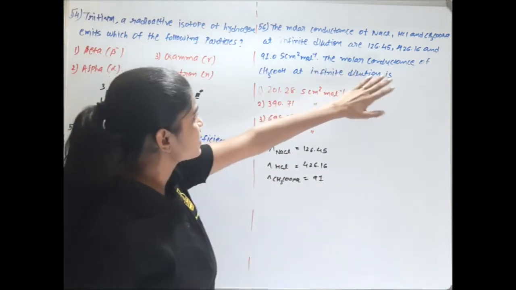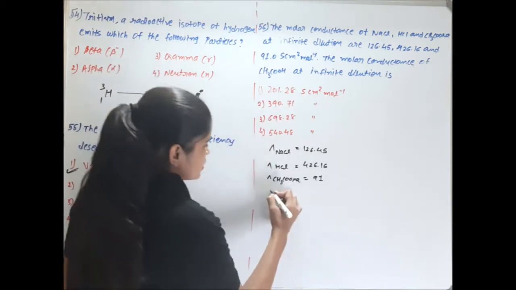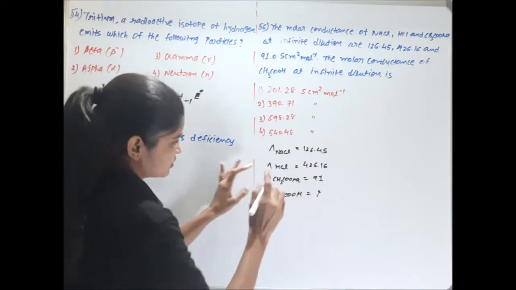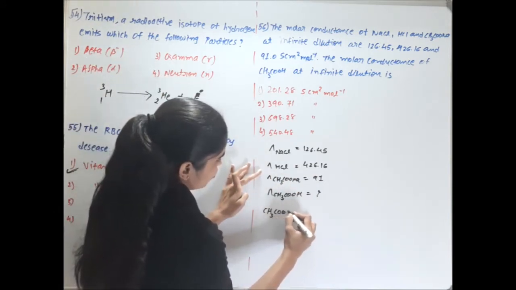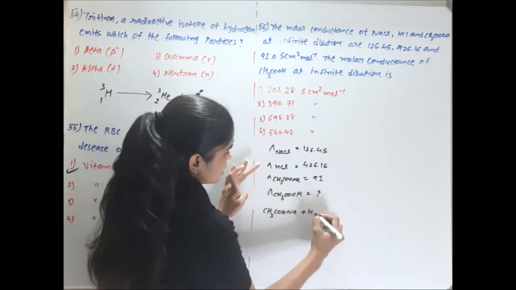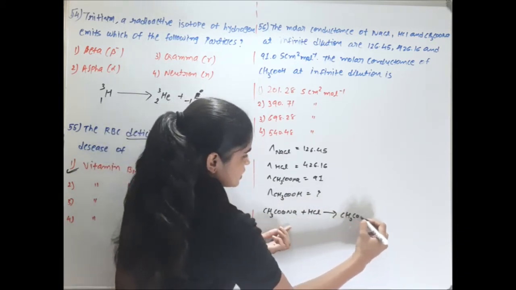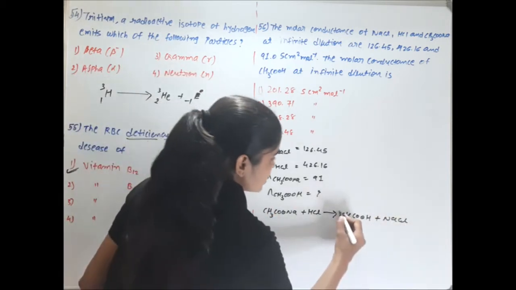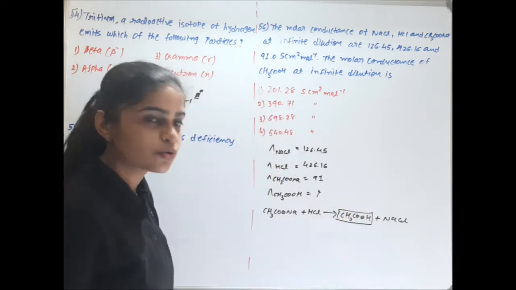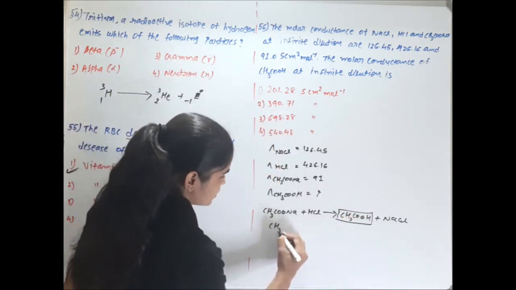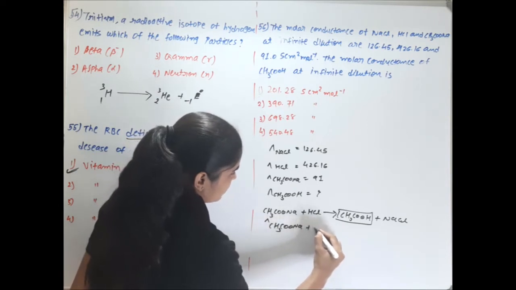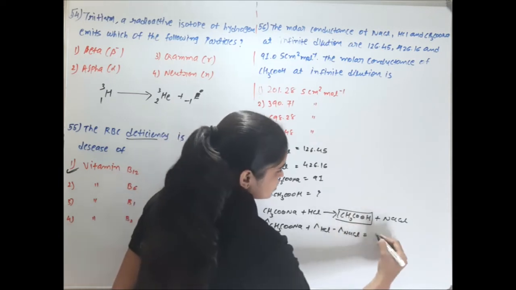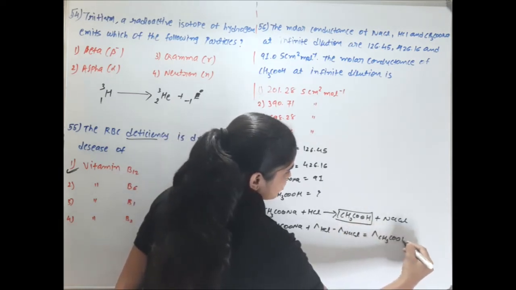Then find the molar conductance of CH3COOH. How do we find it? The reaction is CH3COONa plus HCl converted into CH3COOH plus NaCl. So lambda CH3COONa plus lambda HCl minus lambda NaCl is equal to lambda CH3COOH.